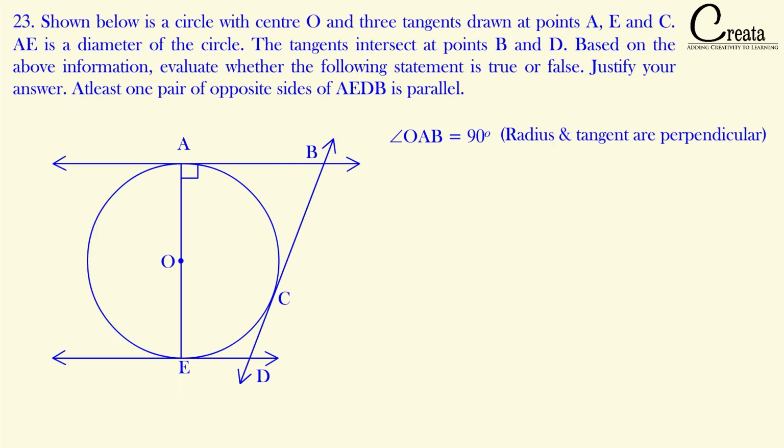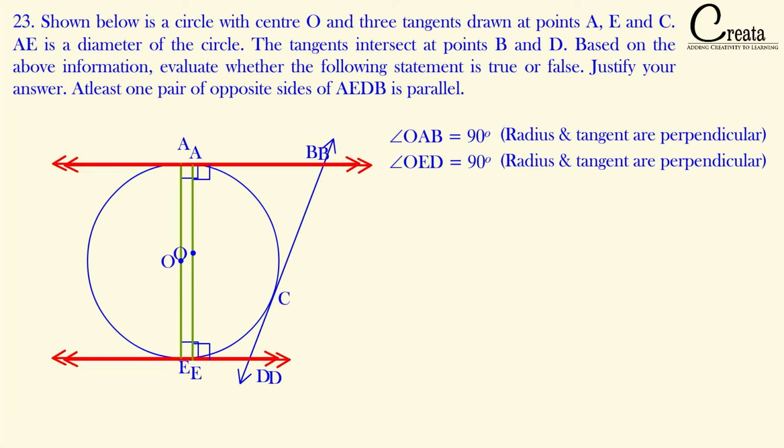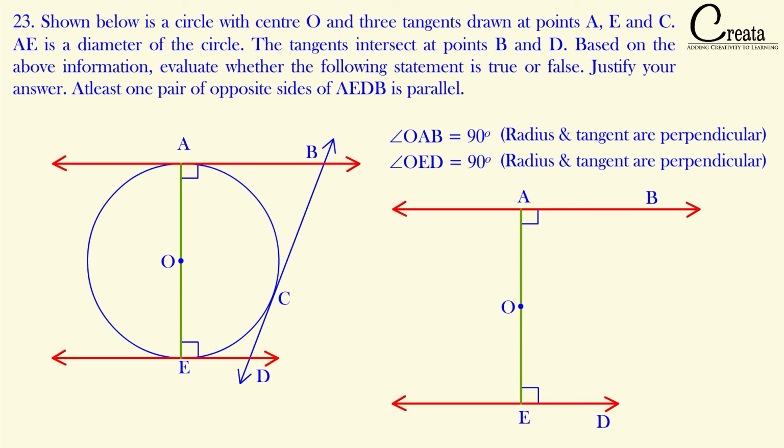Got it? Similarly, if we take this tangent, this radius will also be perpendicular to it. So this angle will be a 90-degree angle. Got it? And if we apply the concept of the transversal, if we take these two tangents as two line segments and AE as a transversal, let's take these three line segments out of the figure.